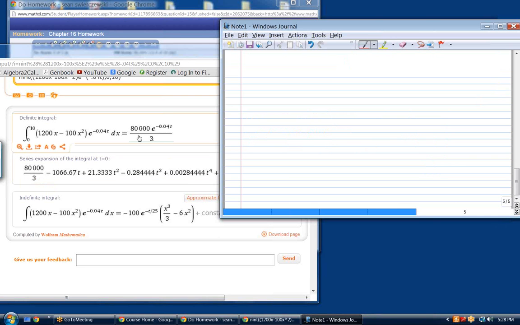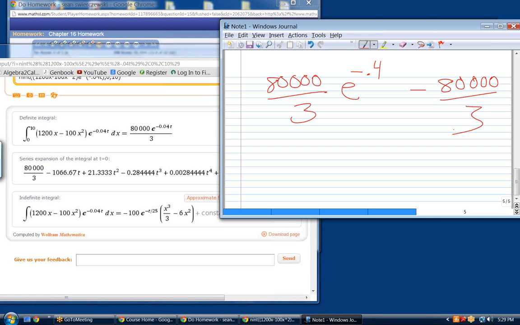Well, it's this evaluated at 10 minus that evaluated at 0, and that evaluated at 0 is going to be 80,000 over 3, because this will be 1 when I plug in t of 0. That should be the present value.